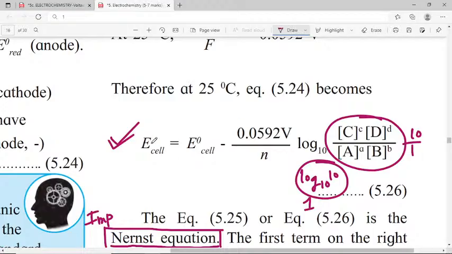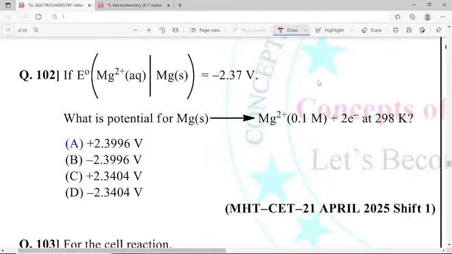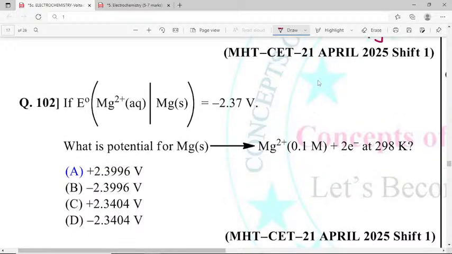E cell equals E naught cell minus 0.0592 volt and log to the base 10 of the. So what do we have to calculate here? That's the E naught. E magnesium we have to calculate, it is equal to E naught magnesium, which is given.